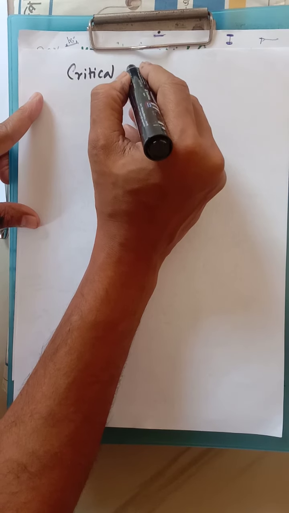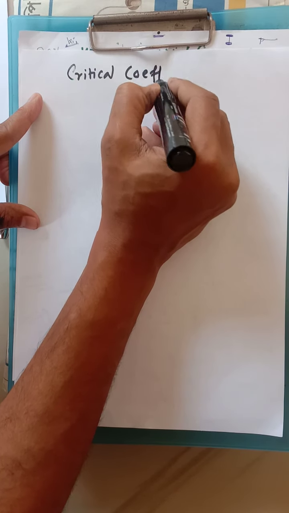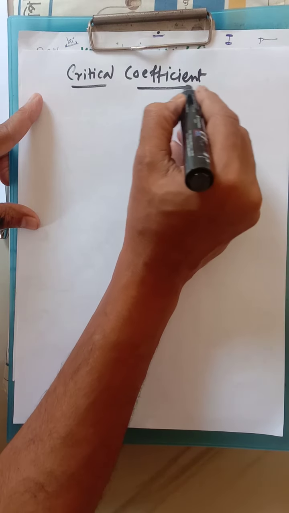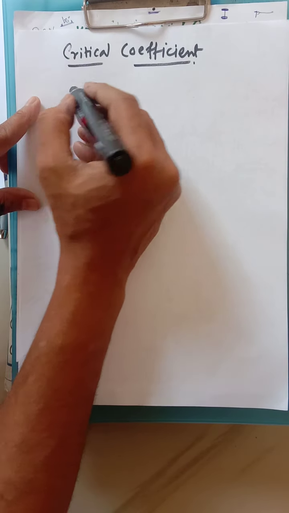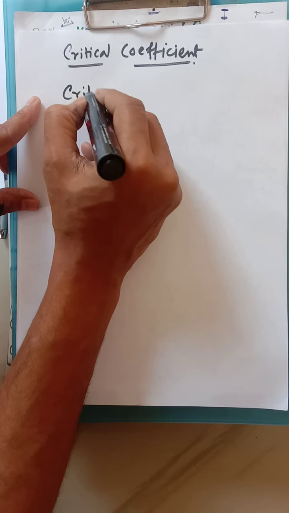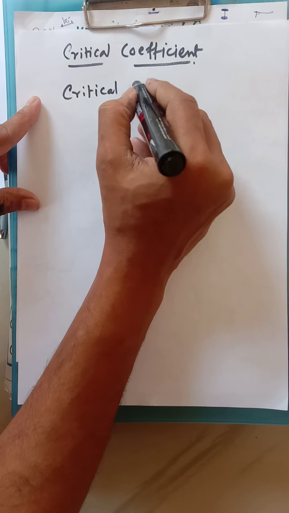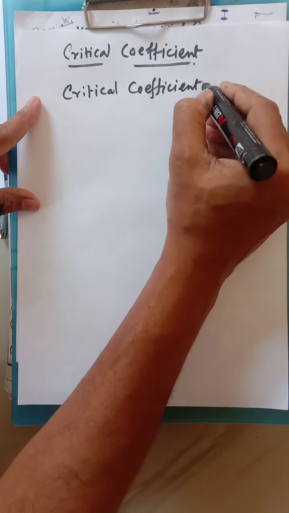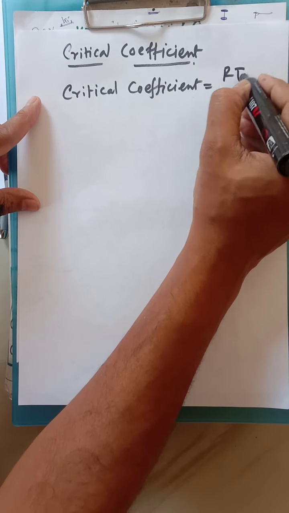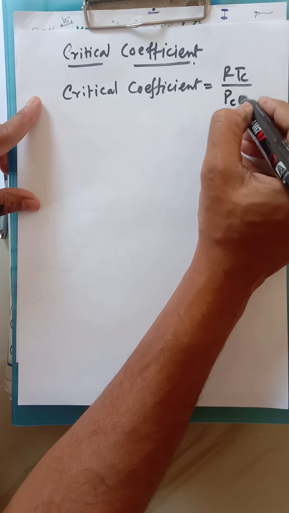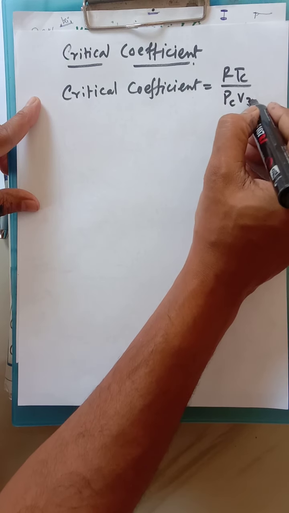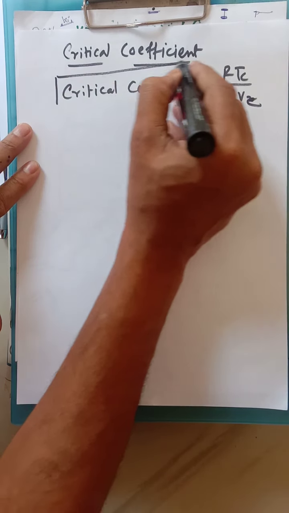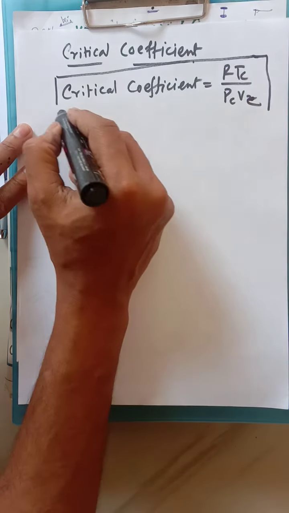Critical coefficient is the ratio between RTC and PCVC. So this is the ratio, this is the critical coefficient, a mathematical expression.